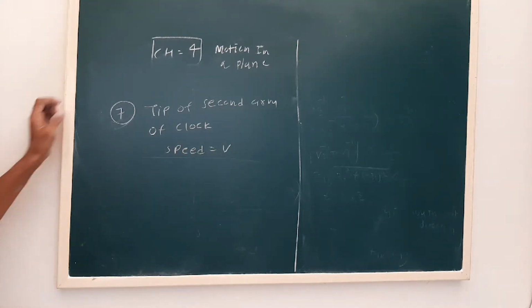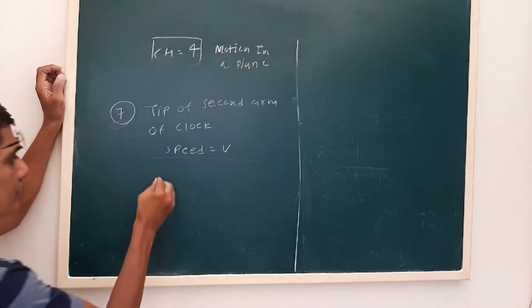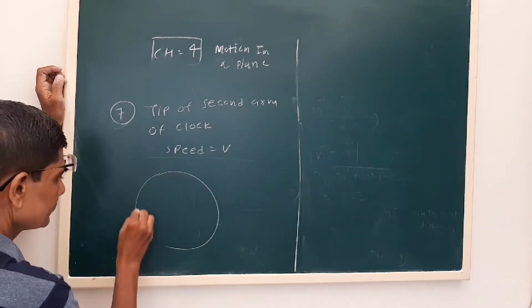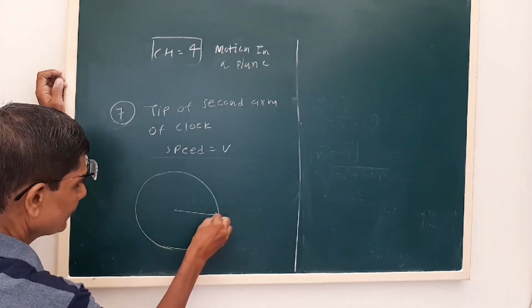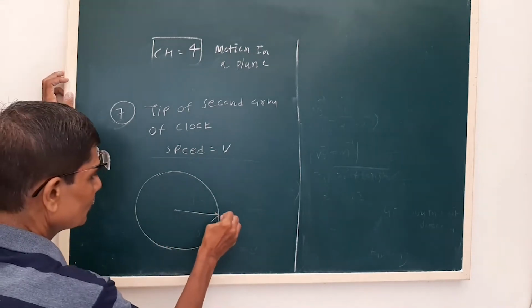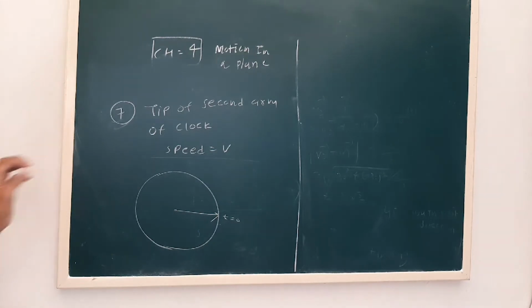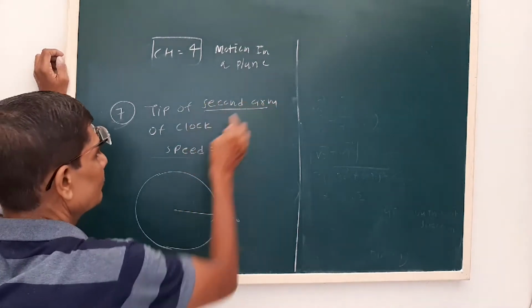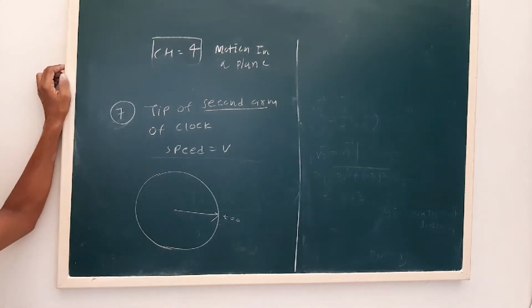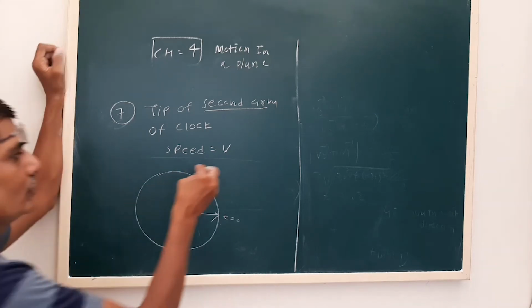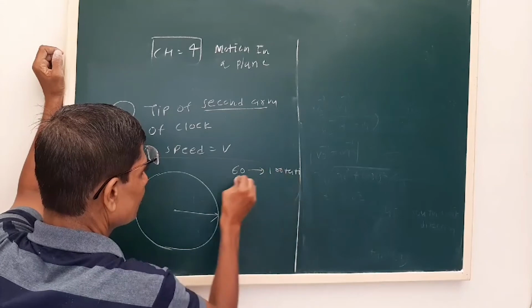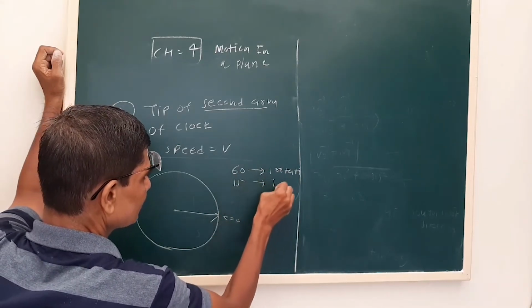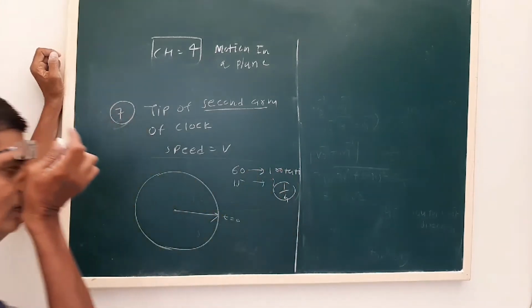Find the magnitude of change in the velocity in 15 seconds. Let us say the second arm is here at t equal to 0. We know the second arm completes one rotation in 60 seconds, so in 15 seconds it completes one-fourth of a rotation.